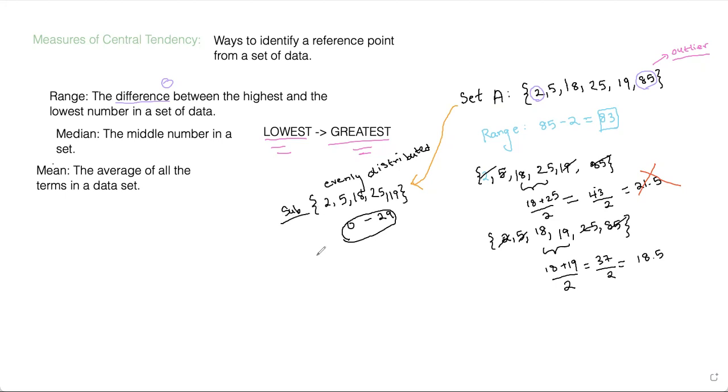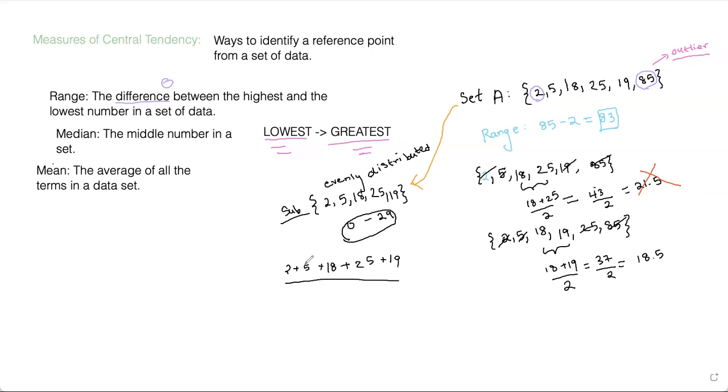Okay, so how you find the mean is basically the same thing as finding an average. What you do is 2 plus 5 plus 18 plus 25 plus 19, divided by the total number of terms.